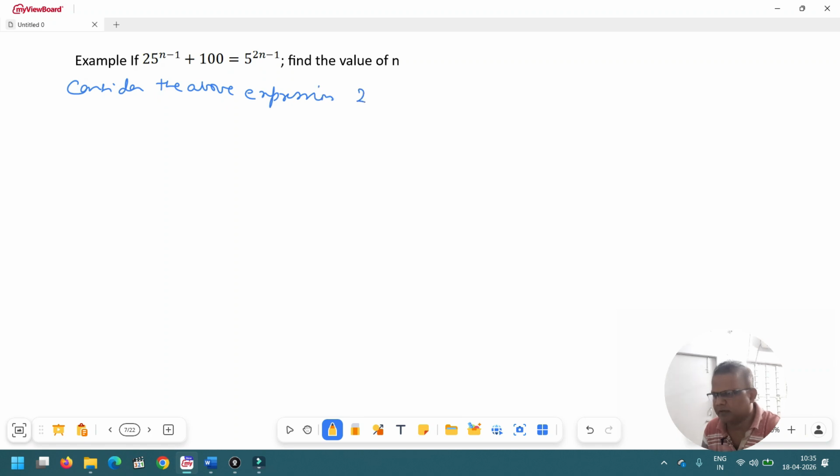That is equal to 25 power n minus 1 plus 100 equal to 5 power 2n minus 1. First, convert the number into power.